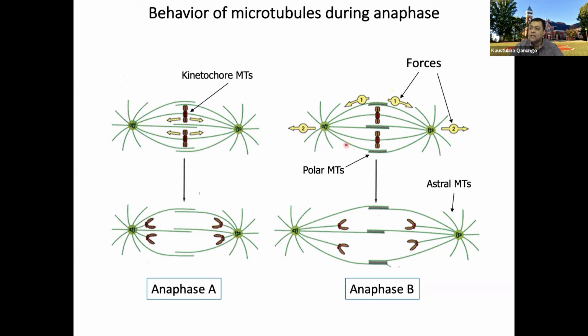The second thing that is going to happen is that these microtubules, the astral microtubules, are attached to the plasma membrane, or rather they're touching the plasma membrane. And there are some dynactin motors which are attached to the plasma membrane. They are trying to walk towards the minus end, from the periphery towards the minus end.